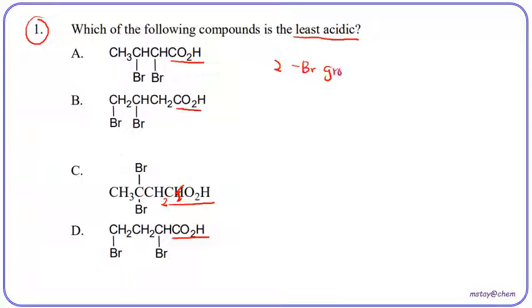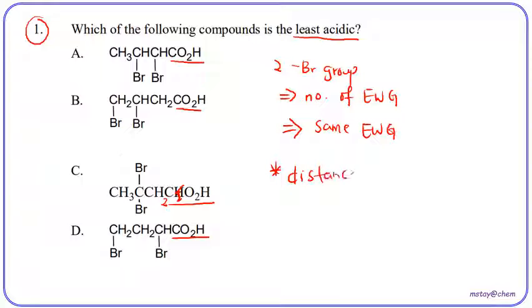So from here we notice that the number of EWG is similar, and at the same time all these four also consist of the same EWG. So for this question, we are focused on the distance of the EWG towards the carboxyl group.